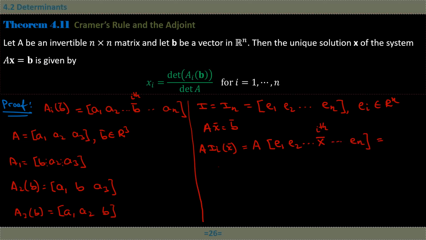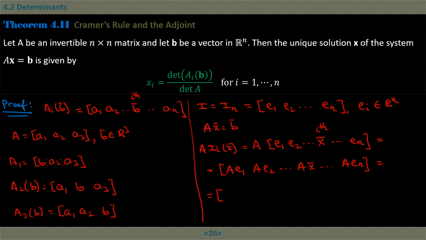Now if we bring the matrix A inside, we have A E1, A E2, ..., A X in the i-th column, ..., and in the last column A En. And we know that A times E1, the unit vector, gives us the first column of matrix A.